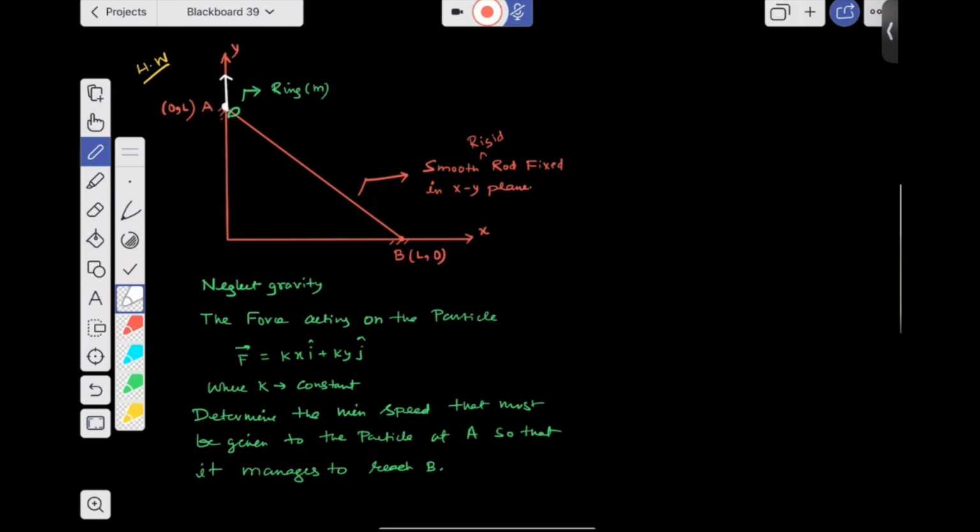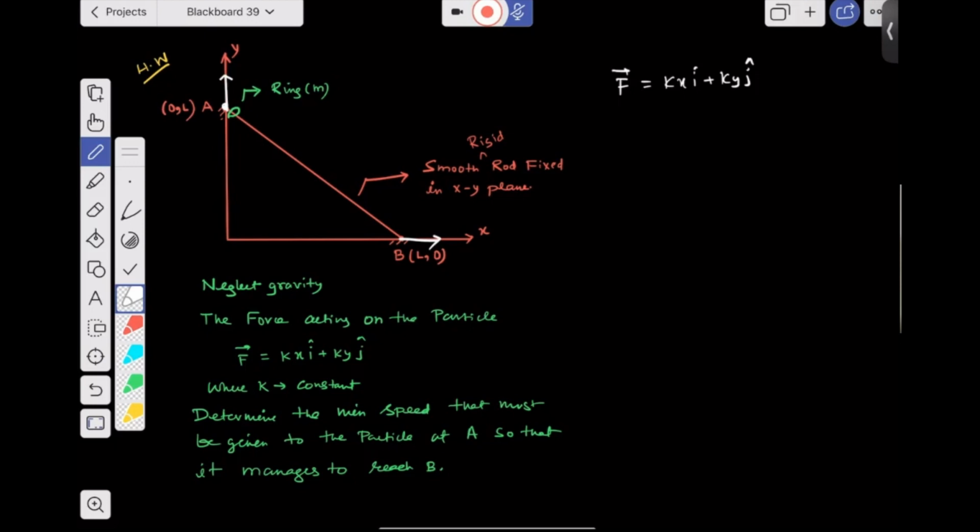And when the particle is at B, as you can see, the force is kx i cap plus ay j cap. At point B, our y coordinate is 0, so this force will lie entirely in the x direction. Correct.